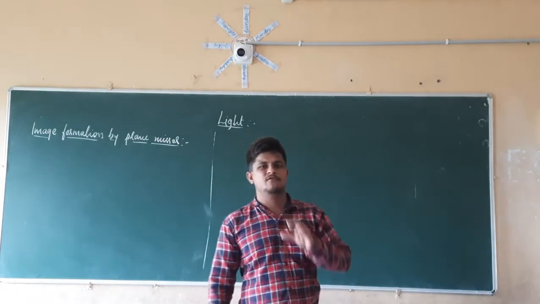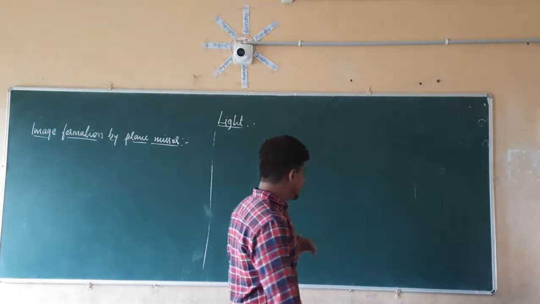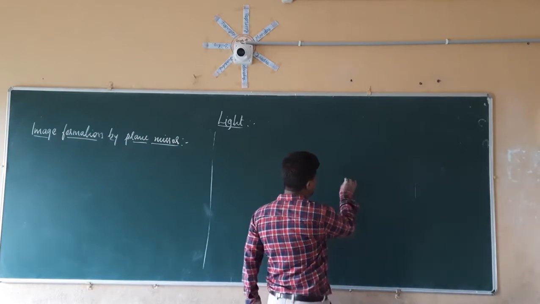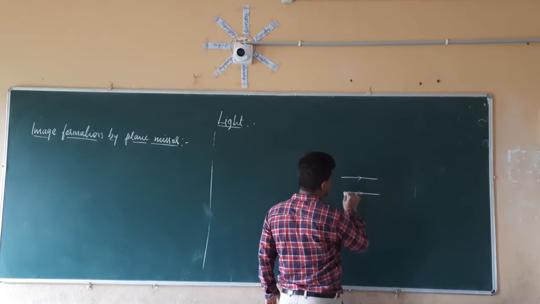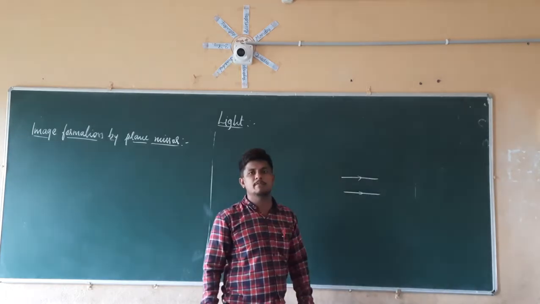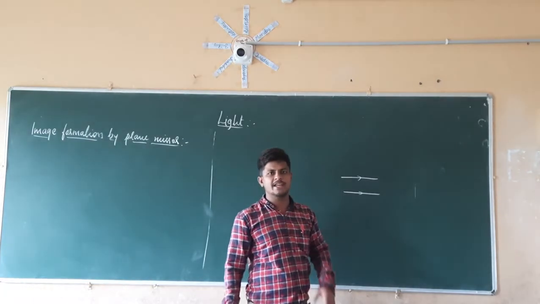So how does an image form? If two light rays are going in the mirror direction, those two light rays should meet at some point. When they meet at some point, they are going to form an image.